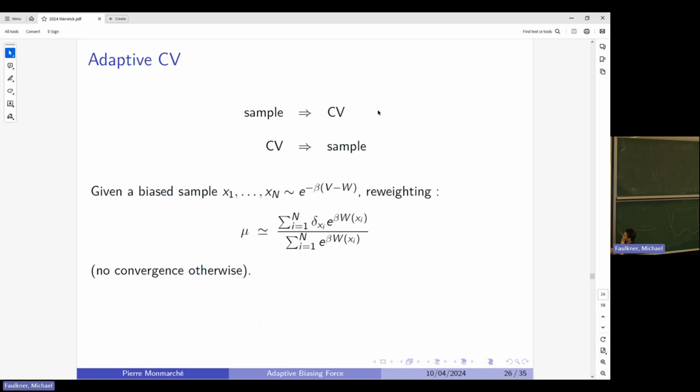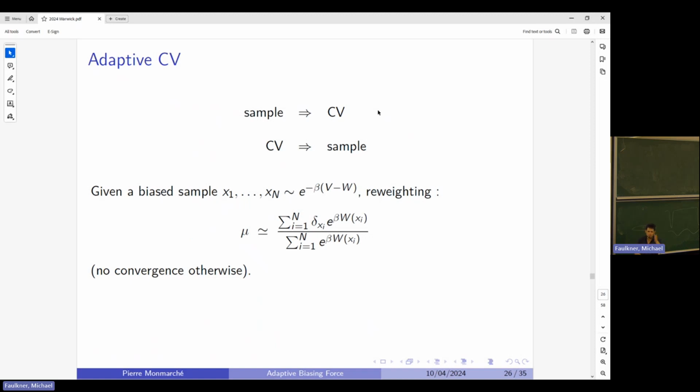Just a small comment. If you don't unbias when you try to learn the collective variable, if you don't take into account that the sample is biased, you can have a problem of oscillation. First you give me an unbiased sample, and I learn that the important direction is this one. Now I do the ABF, which completely kills the metastability in this direction. So I have a new sample, and now maybe the important metastable direction is something else.